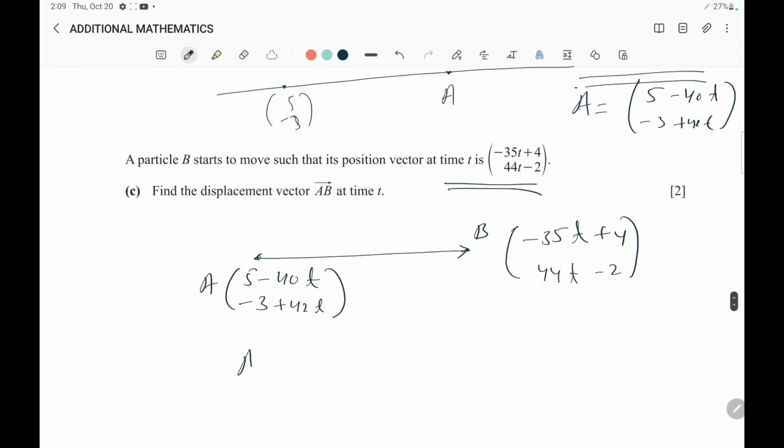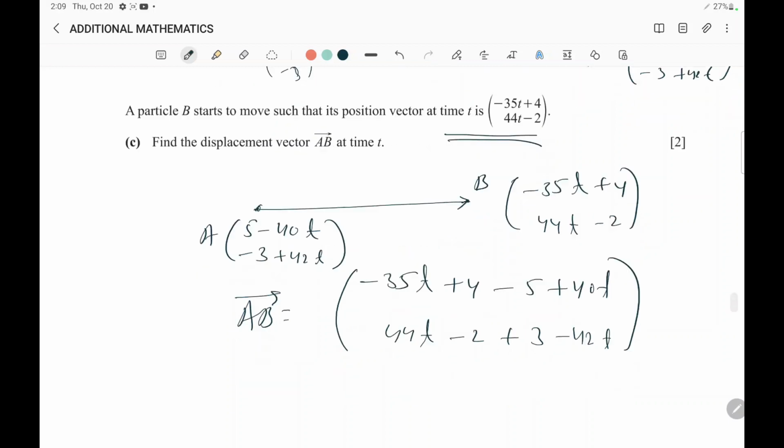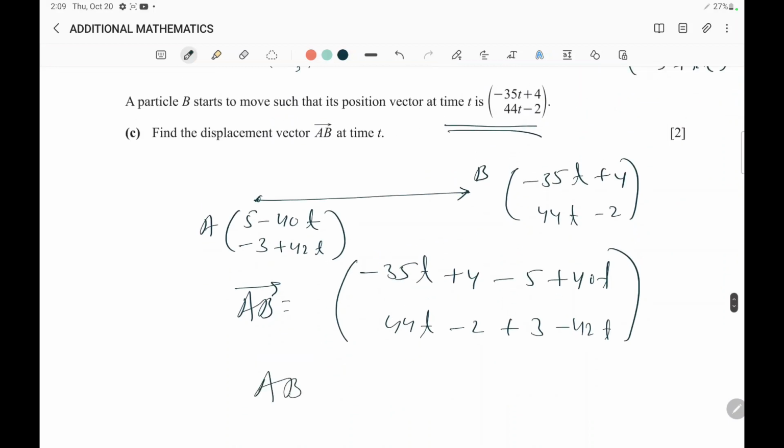Now we can find AB. It's just a difference: minus 35t plus 4 minus 5 plus 40t. Now 44t minus 2 plus 3 minus 42t. So we will get AB now guys.